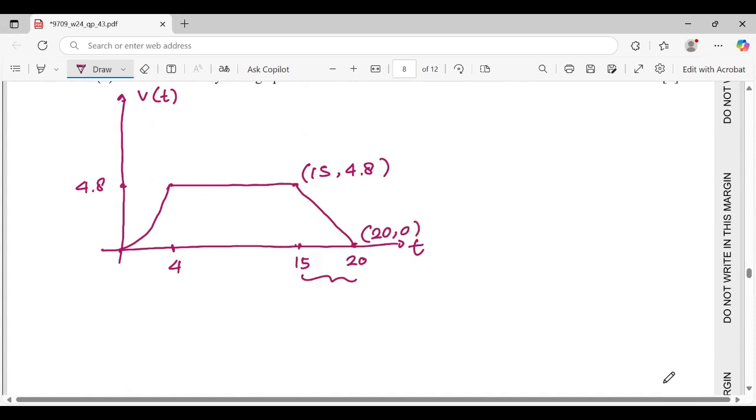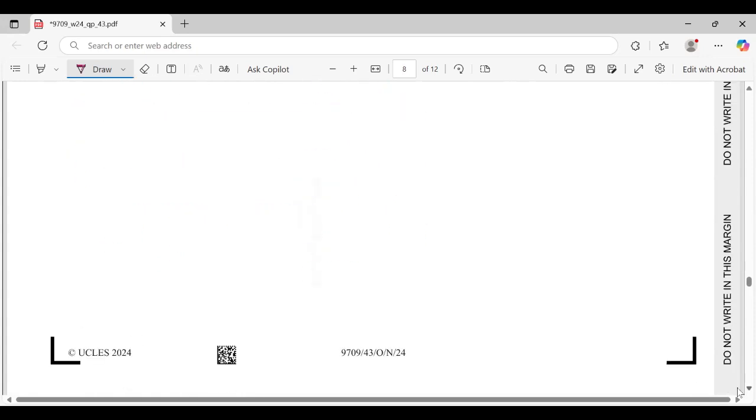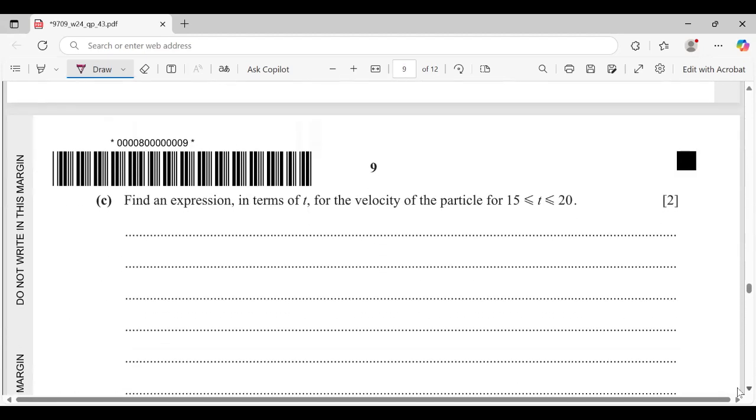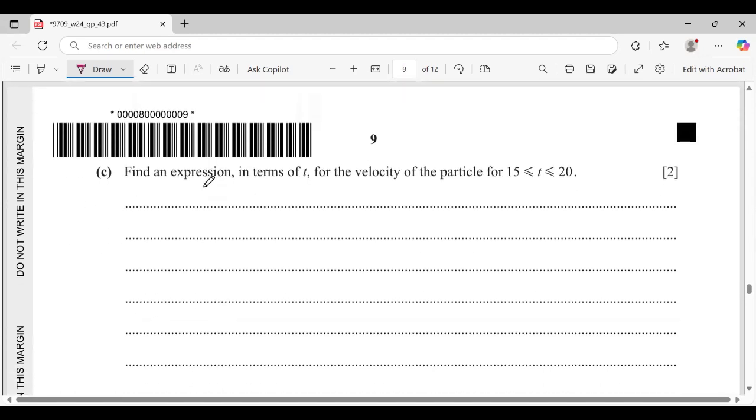At first, for this expression, I would like to find the gradient m. The straight line goes through 15, 4.8 and 20, 0.